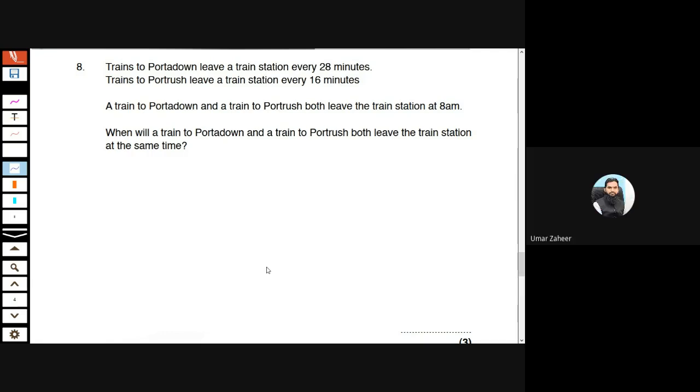Right. In the next one, trains to Portadown leave a train station every 28 minutes. Trains to Portrush leave a train station every 16 minutes. So one train is leaving every 28 minutes and the second one every 16 minutes.